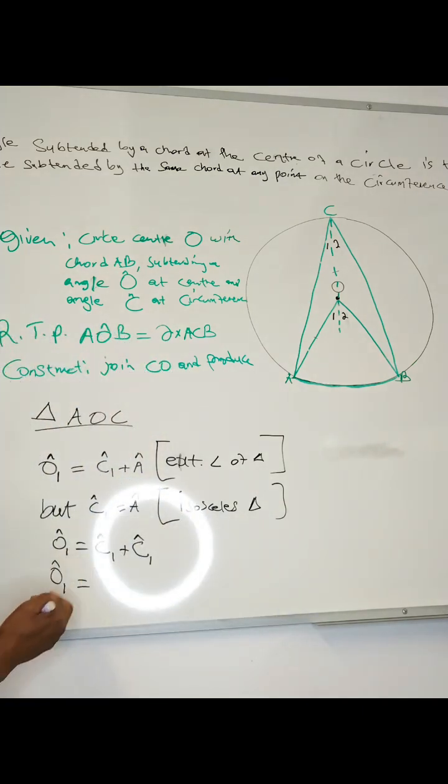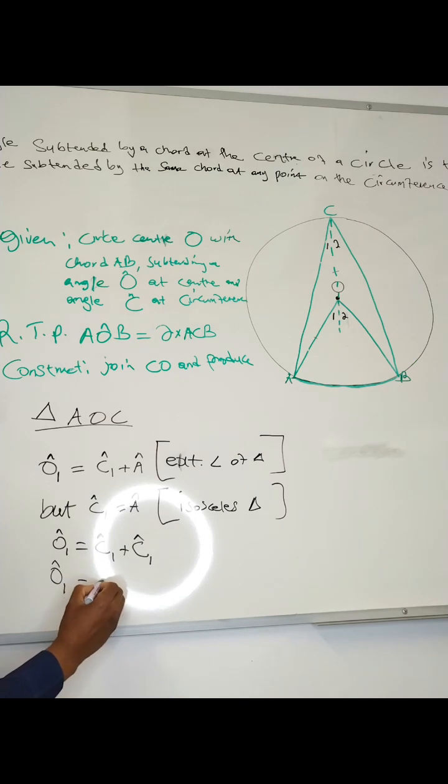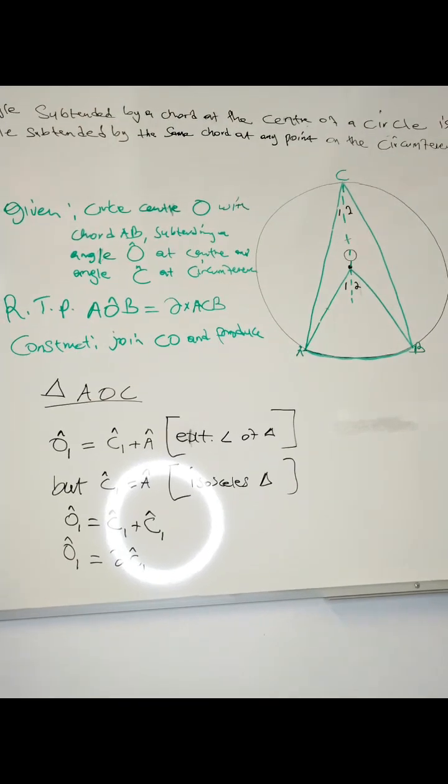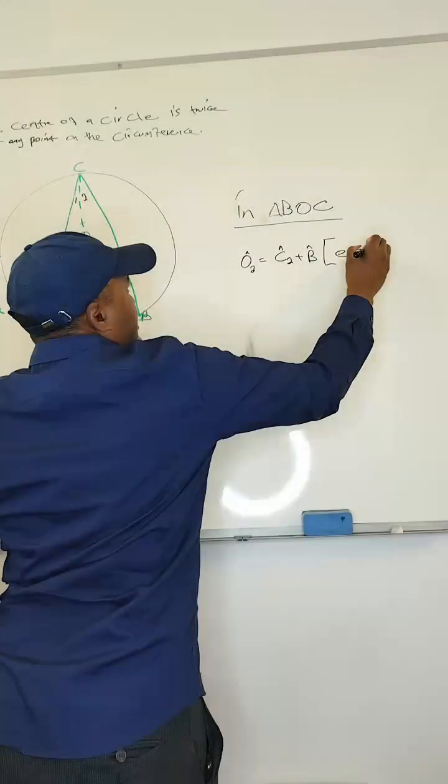The same applies here. For C1 plus C1, we are going to get 2C1.